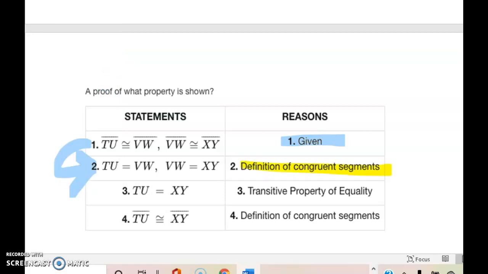Okay, and then they said TU is equal to XY. Okay, let's look at it carefully. TU is equal to VW and VW is equal to XY. VW is the middleman. Take the middleman out. Transitive property of equality. So my answer for this one is the proof they are showing is transitive property.